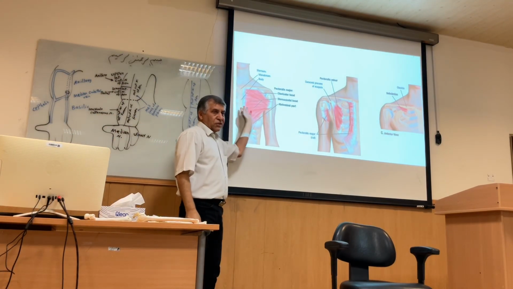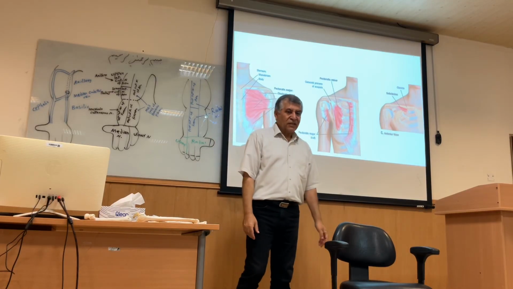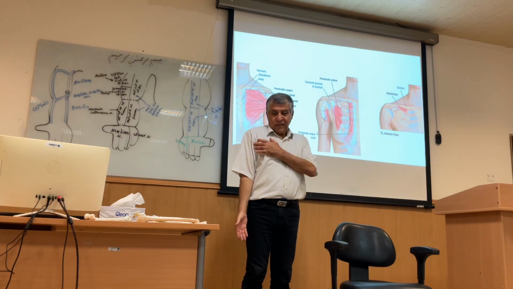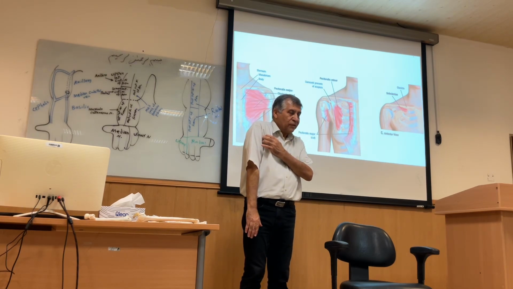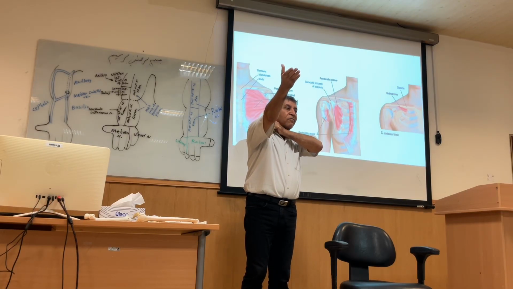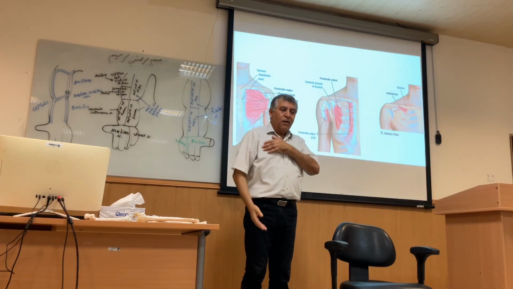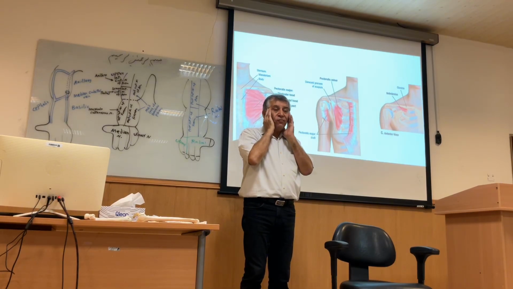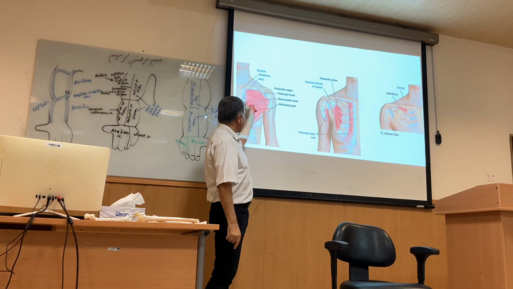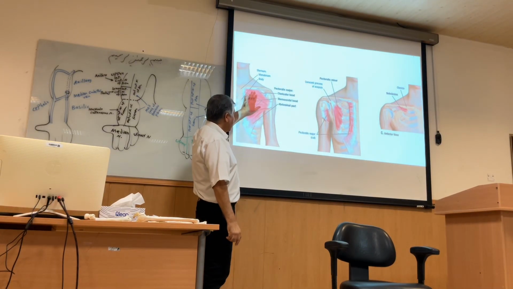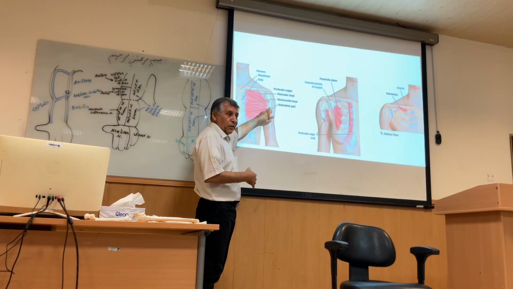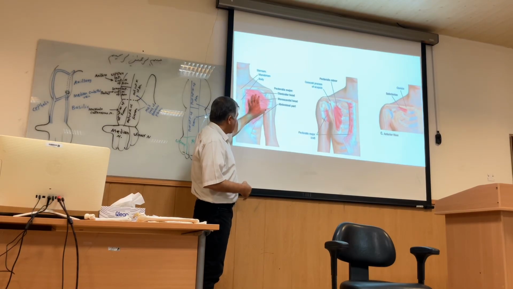What is the function of this muscle? This muscle is an adductor. This muscle is a medial rotator. The clavicular head is a flexor. Okay? For the function of muscles, you must focus on the direction of fibers. Origin is fixed. Insertion is movable.